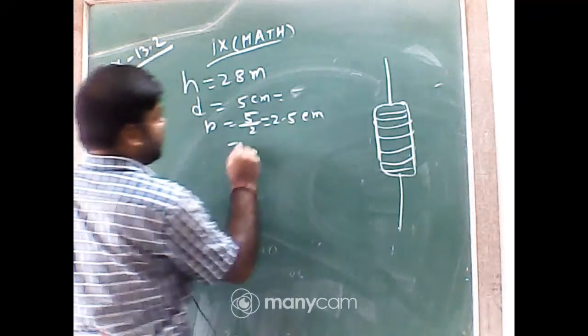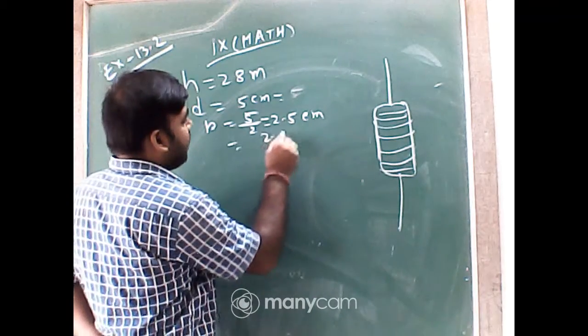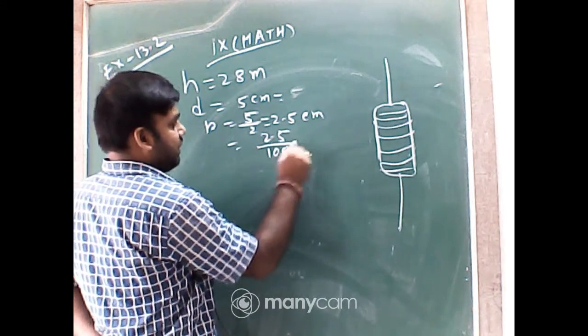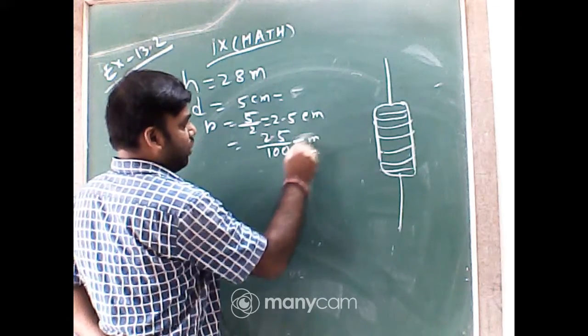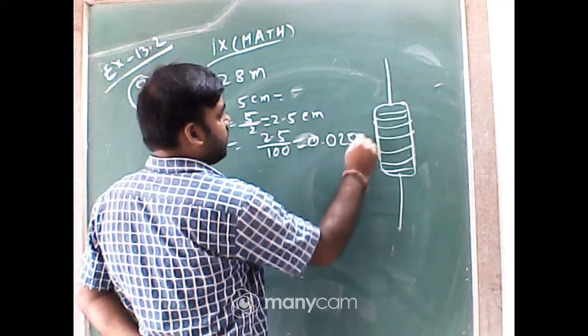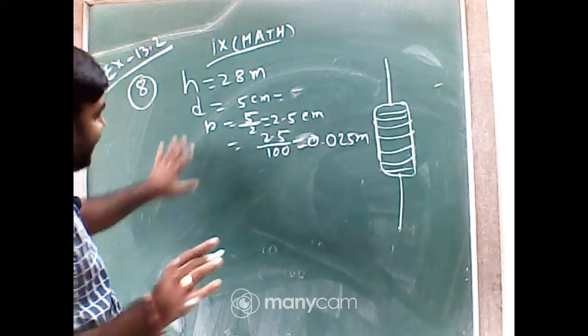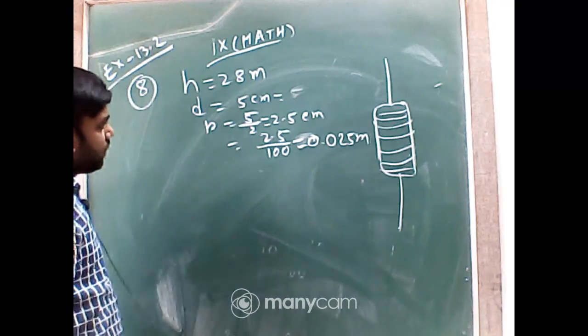Now convert it into meter. So 2.5 by 100 will be 0.025 meter. That is the radius.